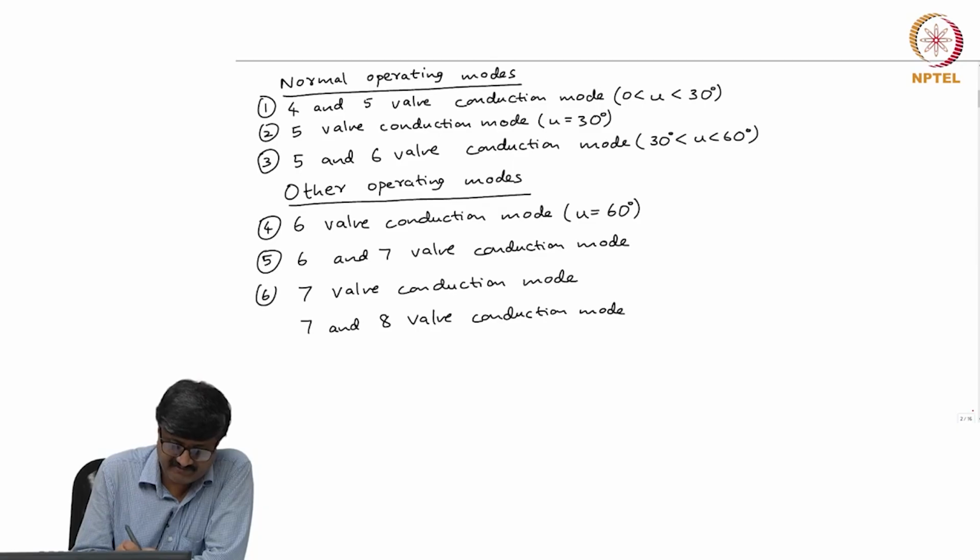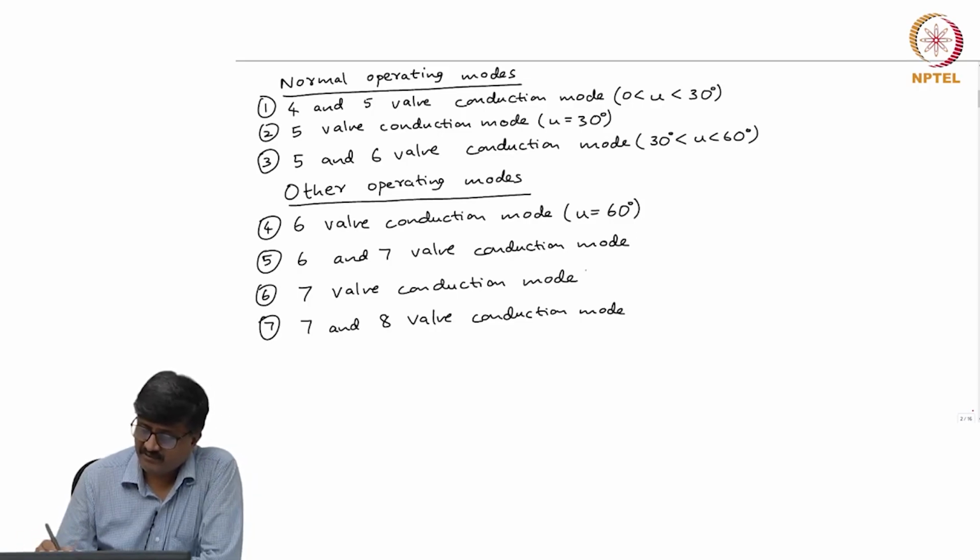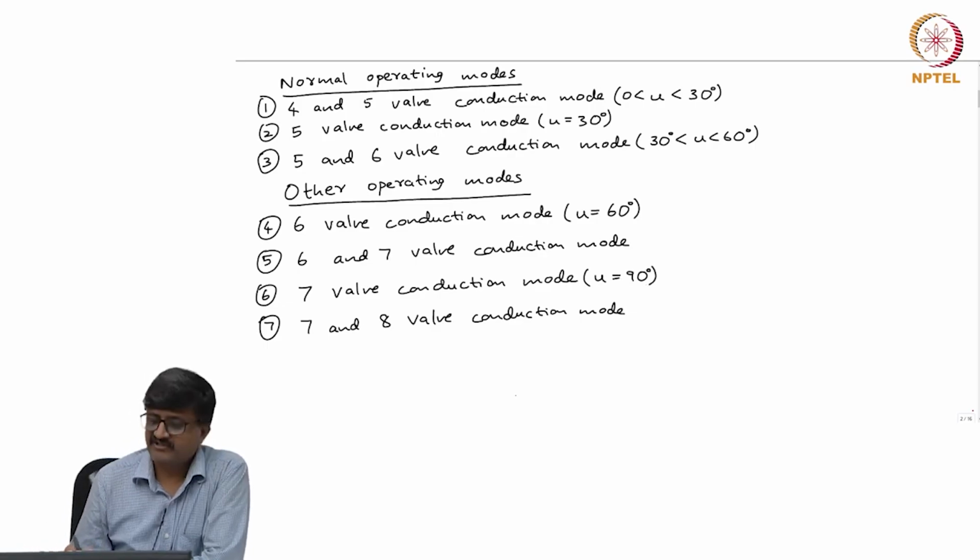So, these are the other operating modes. One can show that if u is equal to 90 degrees, then we get 7 valve conduction mode.